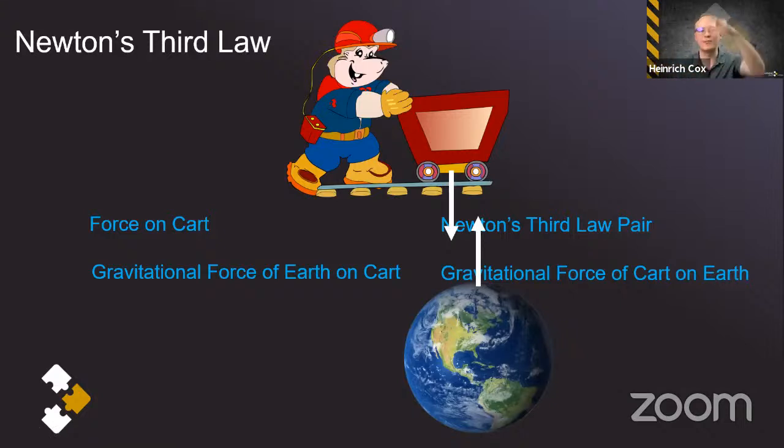Okay, now the reason the cart falls to the Earth and not the Earth up to the cart is because the Earth has a huge mass, whereas the mass of the cart relatively is tiny, right? So that same force can accelerate the cart easily, but not the Earth upwards towards the cart, right? But that's the action-reaction pair. Earth on cart, reaction's got to be cart on Earth.